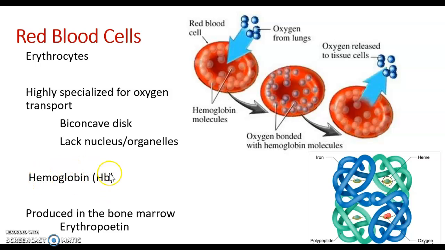Hemoglobin is the protein contained within a red blood cell that is actually able to bind oxygen or carbon dioxide, and bind both of them. It is a highly complex protein made of 4 different strands of protein, or amino acids.